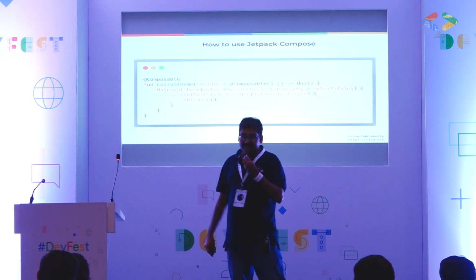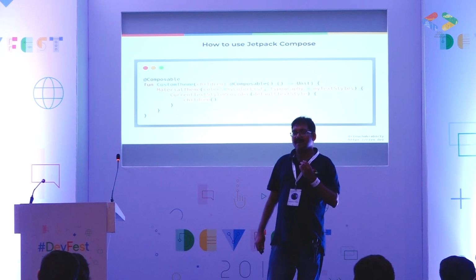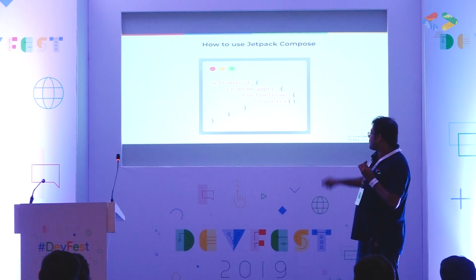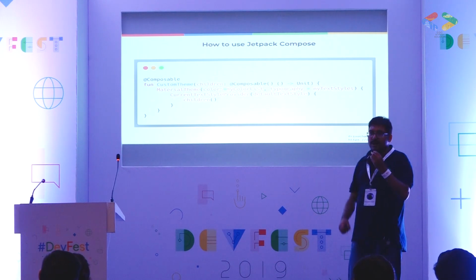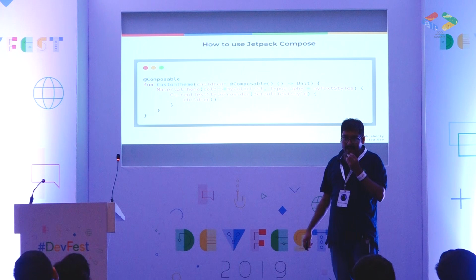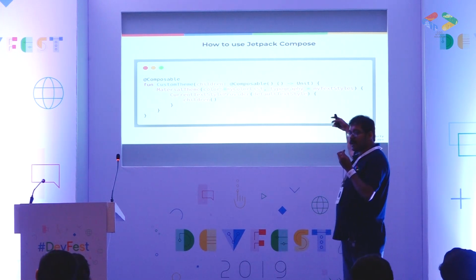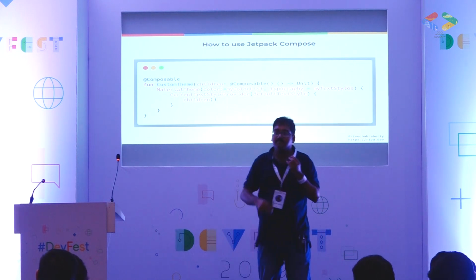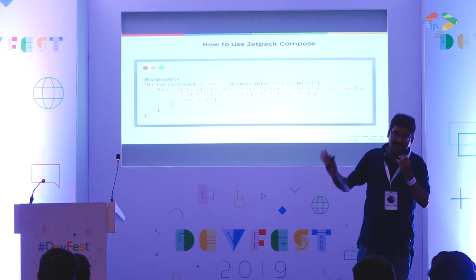Is there anyone who likes writing custom themes in the present way? Thanks. So that was the custom theme. Just provide the color list which will contain the primary color, secondary color and all the colors, and the typography with your custom font set, and it's done. If you want to do anything else, you can do it. For me, I just did these things.